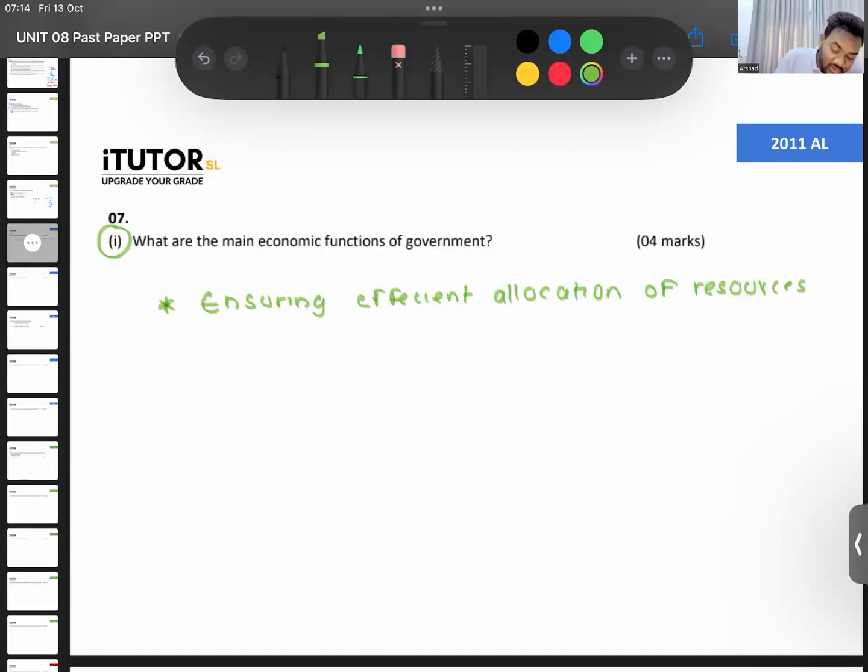So in order to ensure this only, what do they do, guys? The sub reasons. You don't have to go into detail and write the sub reasons, but under this only you have providing public goods. Then we have discouraging demerit goods, government charges taxes and all of that, discouraging the production of demerit goods.